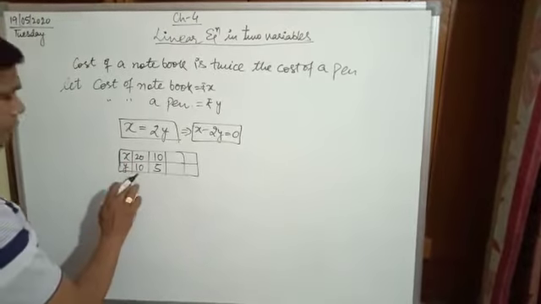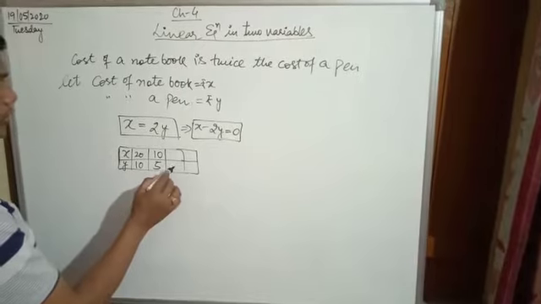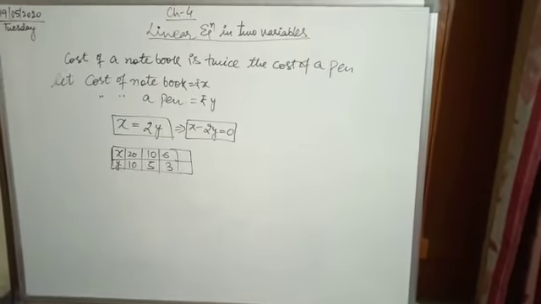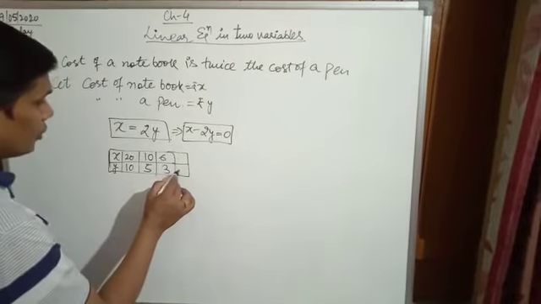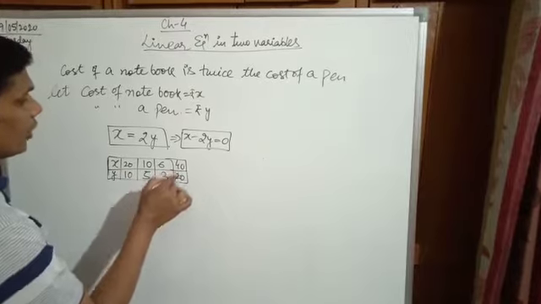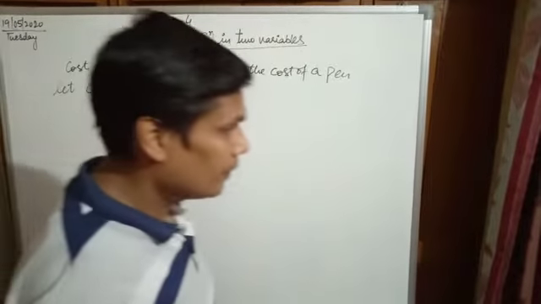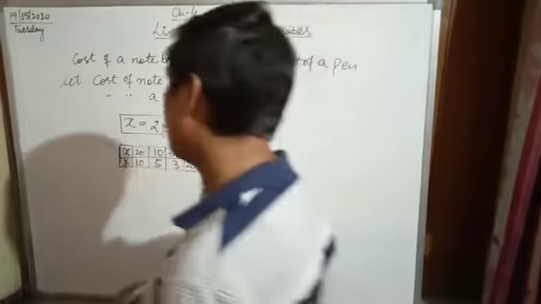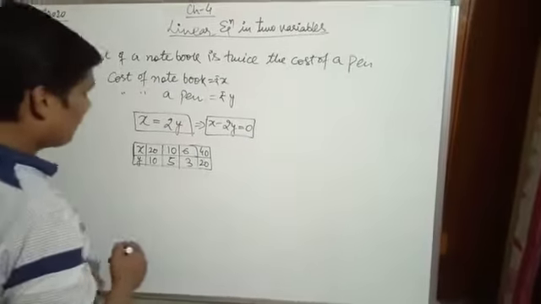If the cost of a pen is 3, then the cost of a notebook is 6. And if the cost of a pen is equal to 20, the cost of the notebook will be 40. So here we got the 4 solutions of this linear equation.